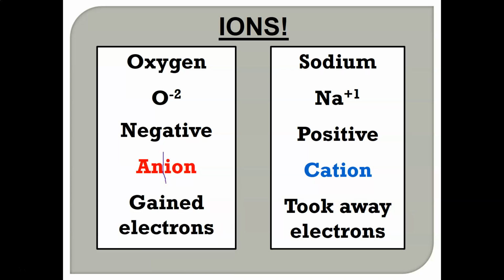It's not an anion, it's an anion. And if it's a positive charge, we took away electrons. Now we don't have enough electrons to cancel out the protons. We call that a cation. It's not a cation, it's a cation. So you can remember how to pronounce them because we should end each of them with the word ion since that's what we're describing.